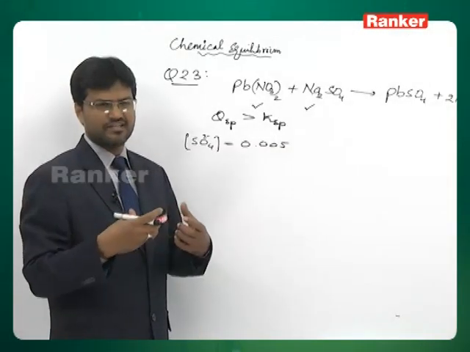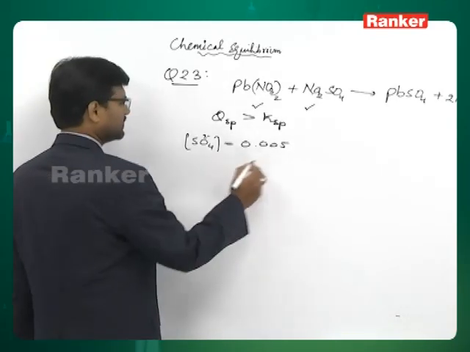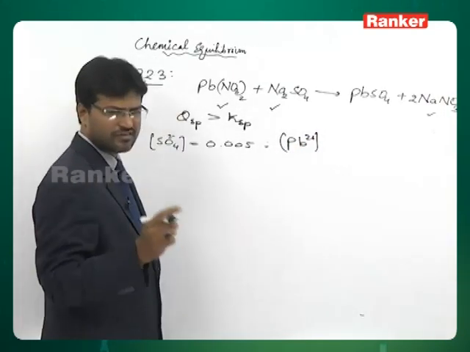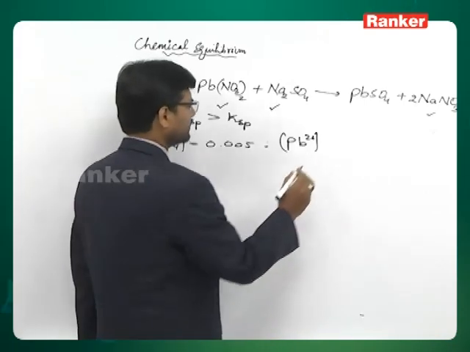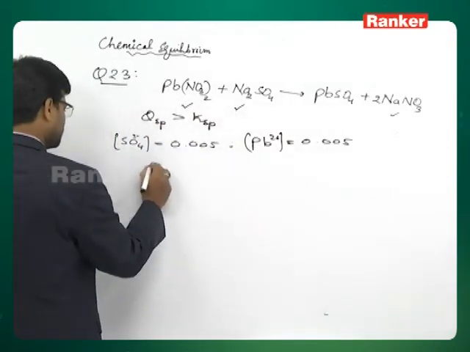You are mixing 100 ml each of two solutions, right? Now the concentration of Pb: before mixing, the concentration of Pb in the lead nitrate is 0.01. After mixing this will become 0.005.